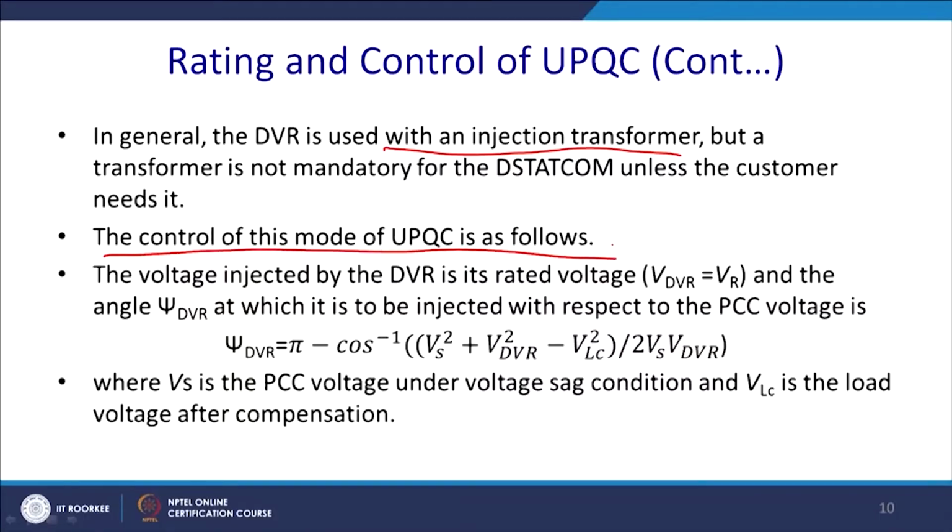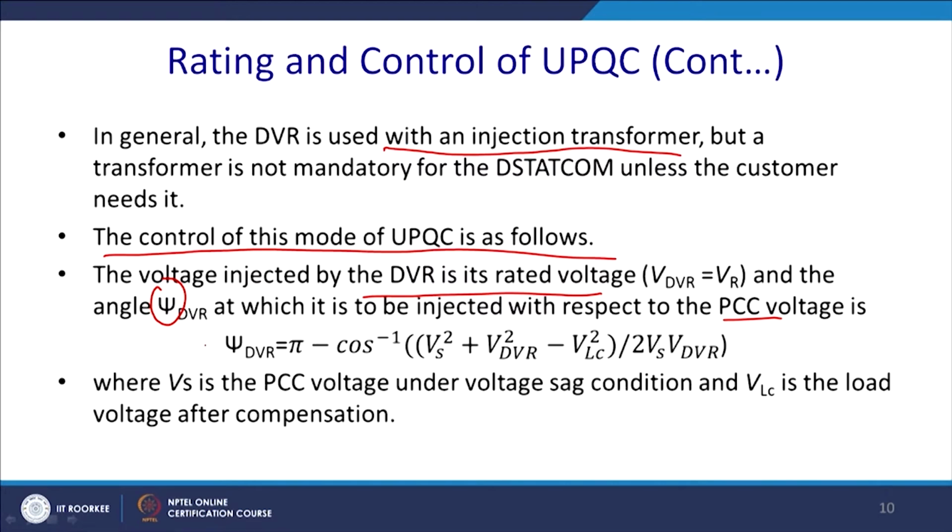The control of this mode of UPQC is as follows. The voltage injected by the DVR has a rated voltage, V_DVR, and a phase angle psi_DVR, at which it is to be injected with respect to the PCC voltage. psi_DVR is pi minus cos inverse of (Vs square plus V_DVR square minus VL square) by 2 Vs V_DVR.